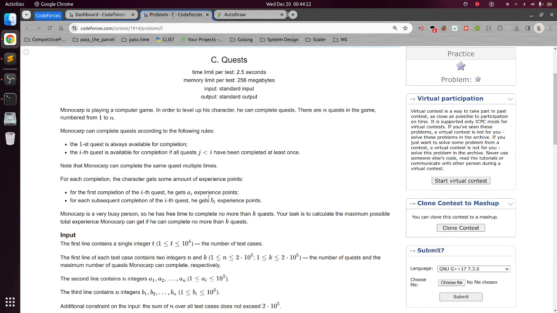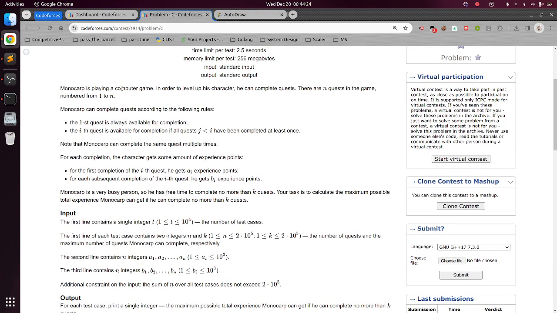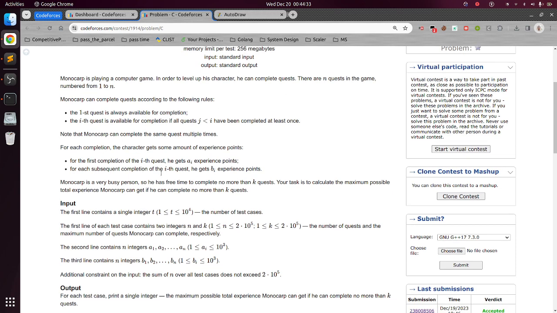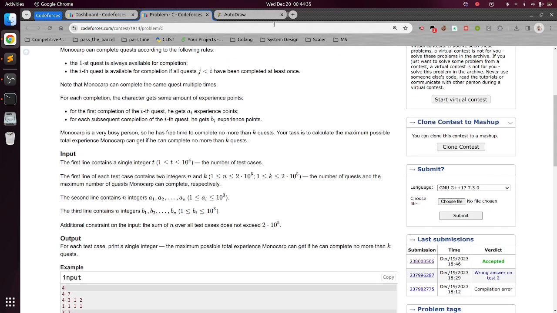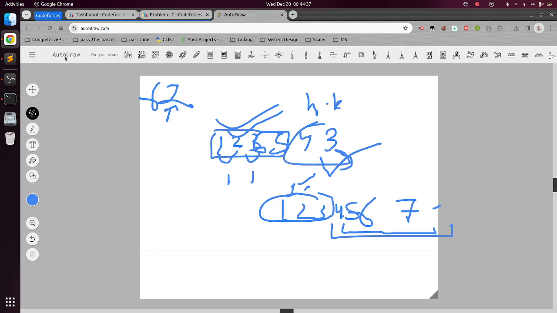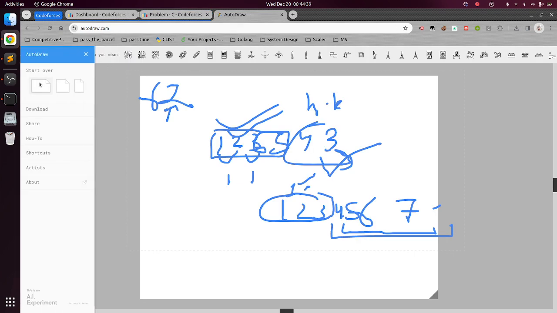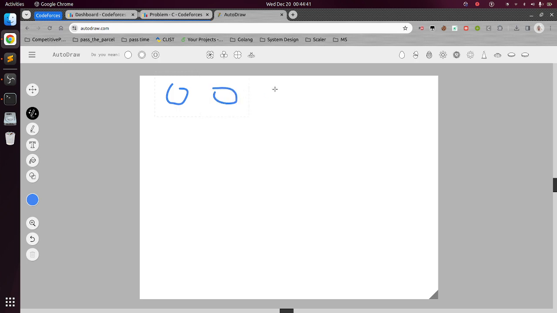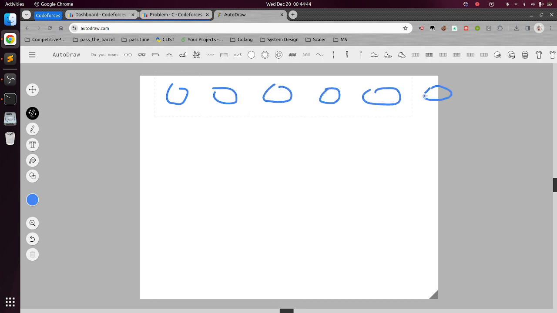So basically you are playing a computer game, and in order to level up the character, he can complete Q quests, and there are n quests in the game. If you have not read the problem, it pretty much says this: you can only take part in the ith quest if you have completed all the quests from 0 to i minus 1.